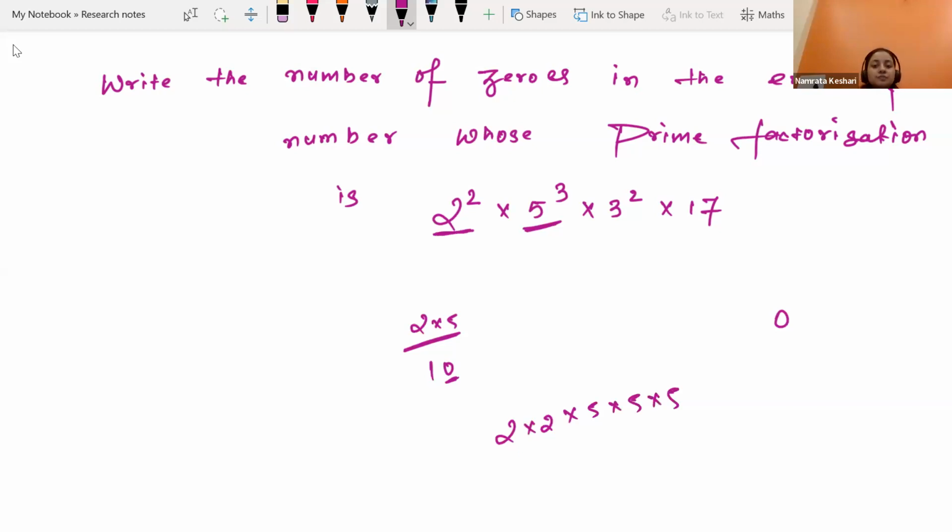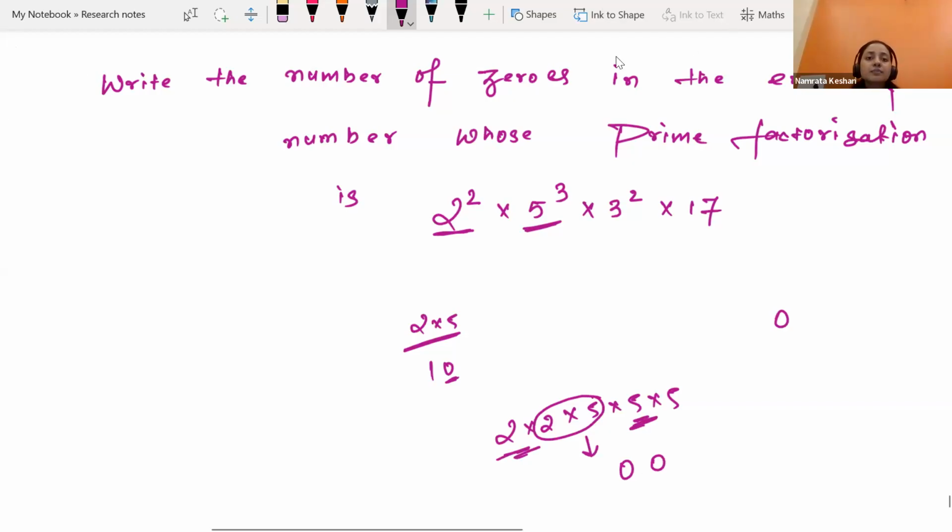Now, the remaining 3 and 17 are not going to give us 0, right? So this 2 and 5 will give one 0, and this other 2 and 5 will give another 0. That's it. Only two zeros we'll be getting with the help of these two combinations.